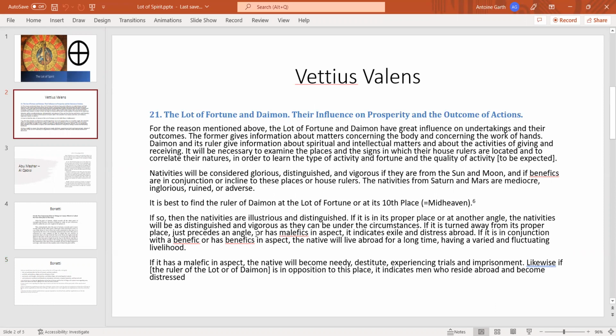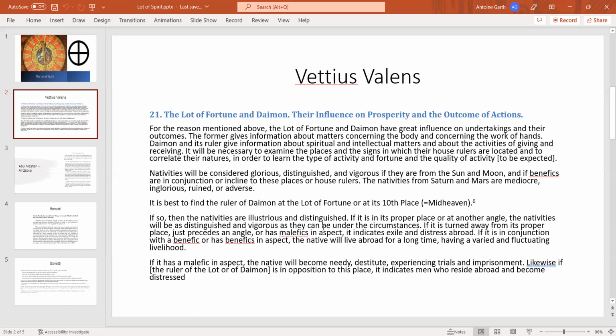Notice that he says it again, doesn't he? Like someone will be vigorous. Distinguished and vigorous. Why do you think they use the term vigorous? Going for their goals, really in tune, connected with whatever it is that they're pursuing. Excellent. That's good, but I don't think it's what I'm looking for.